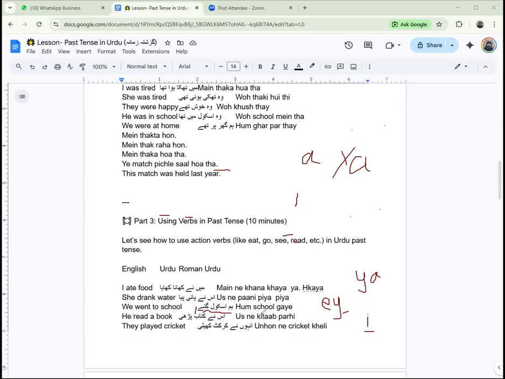When our verb ends on ya, either we use plural or not plural. For example, हम स्कूल गए is different. We can take this example, हमने खाना खाया, and change it to plural or female version. मैंने खाना खाया.